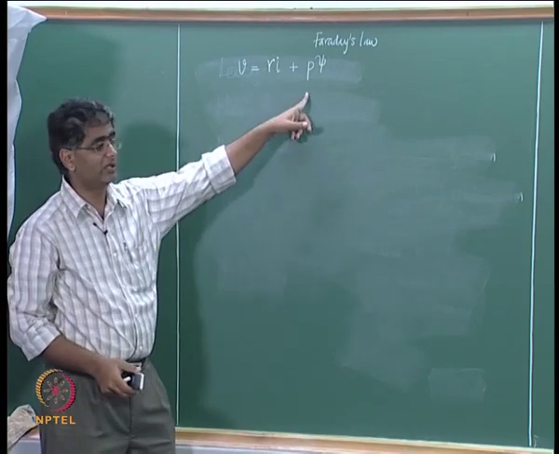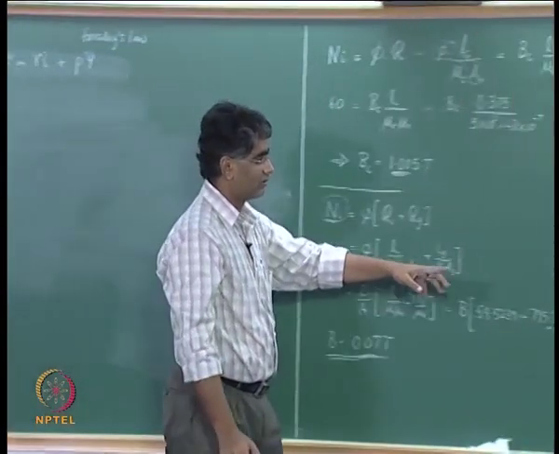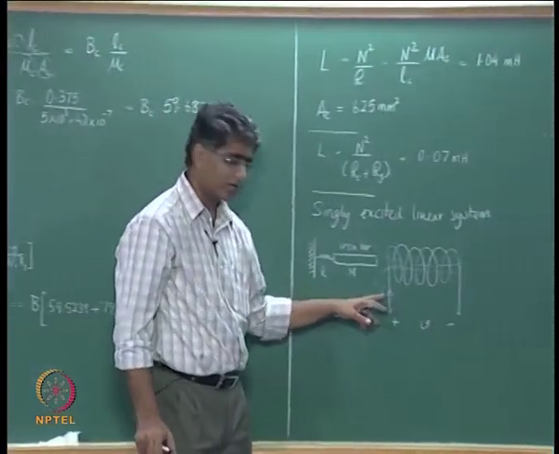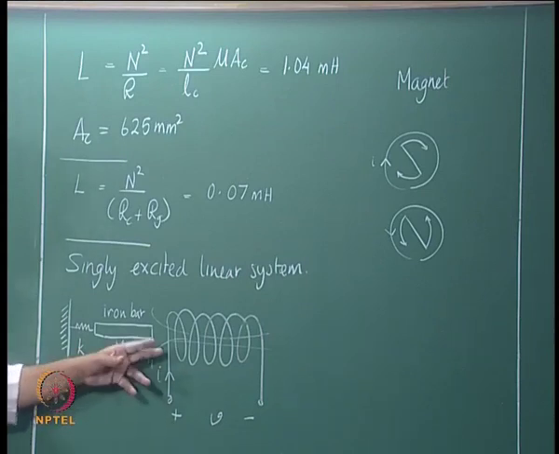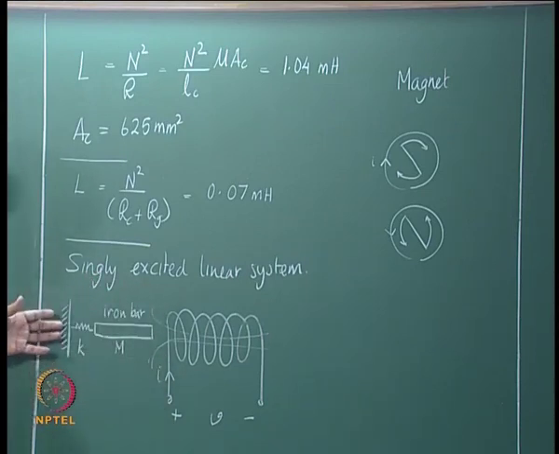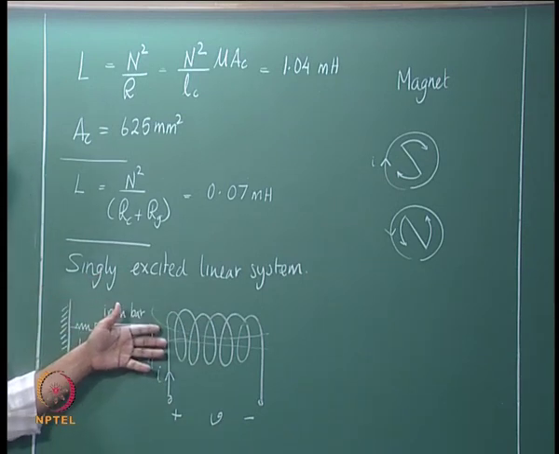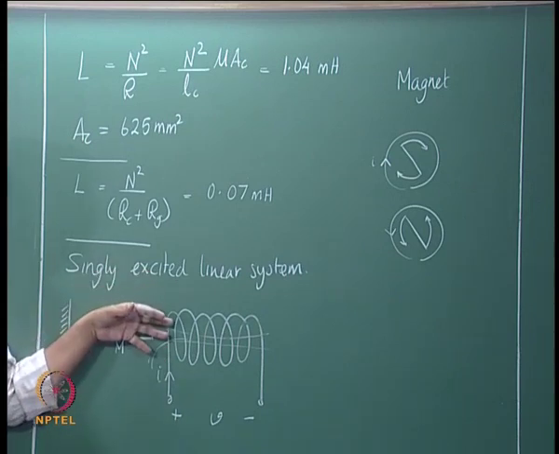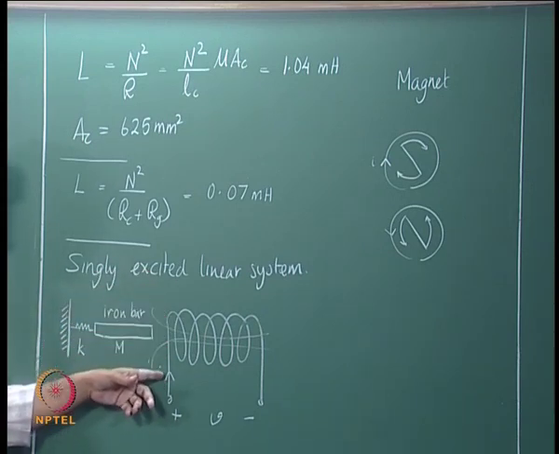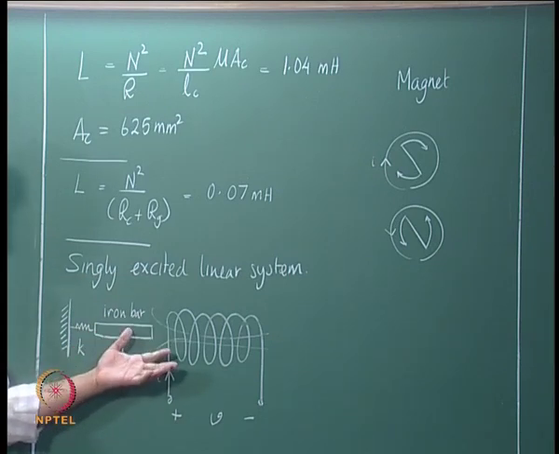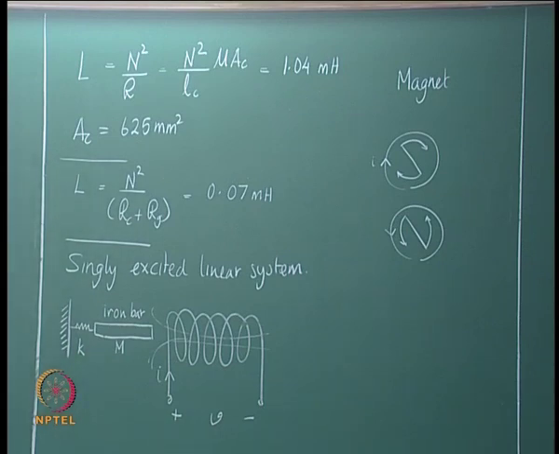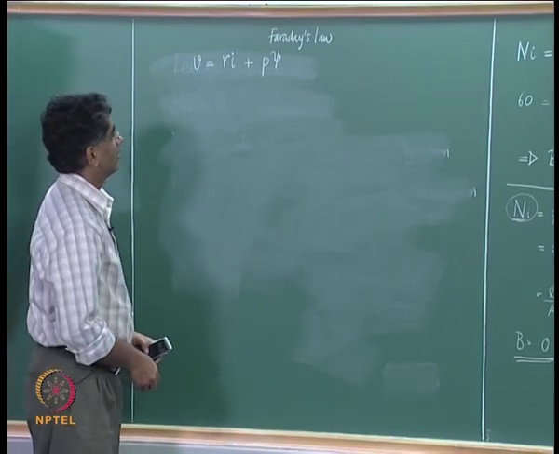Flux linkages will change because in the circuit here there is some current going to flow, and we already have understood that because of this current there will be a field and this bar will get attracted. Now as the bar gets attracted, the inductances will change, and therefore that will result in change in I and hence change in the magnetic field, and because there is a change in the magnetic field, you will end up with this term P psi.